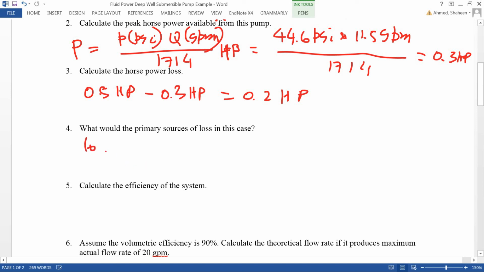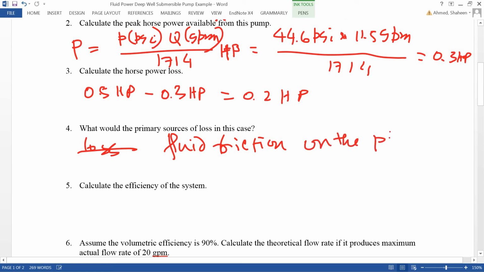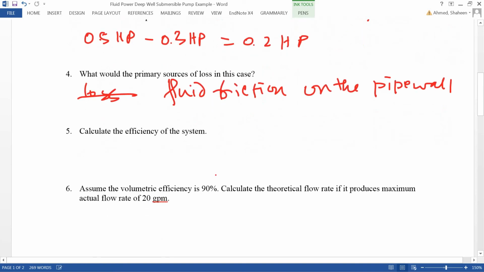So the loss, just write the fluid friction on the pipe wall. So you have 133 feet of pipe. That's a long pipe, so that is the main loss in this case, the fluid friction.